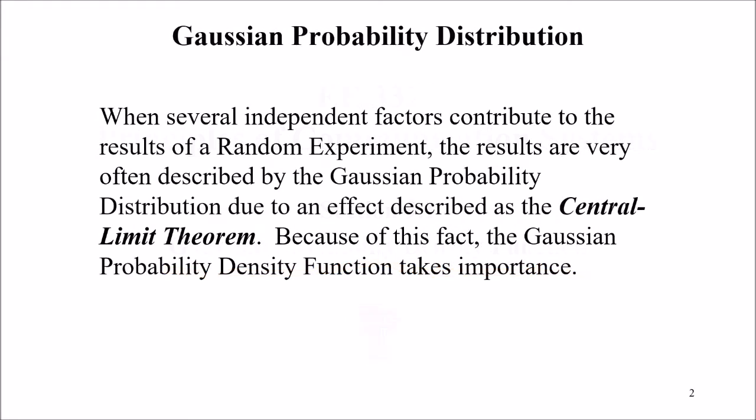The Gaussian probability density function is important because when several independent factors contribute to the results of some kind of random experiment, or in our case a random signal, the results are very often described by the Gaussian probability distribution due to an effect called the central limit theorem.